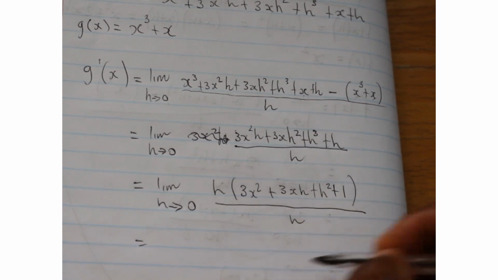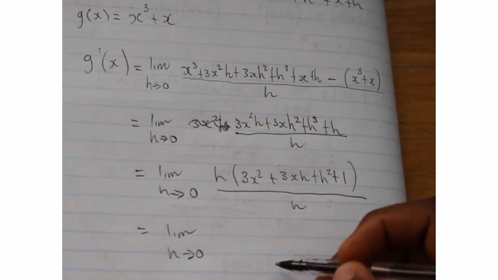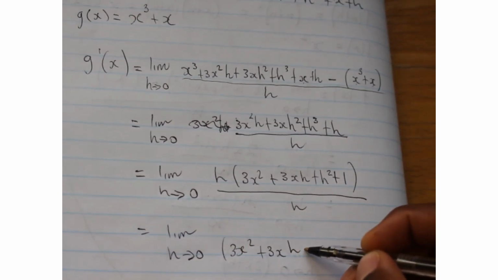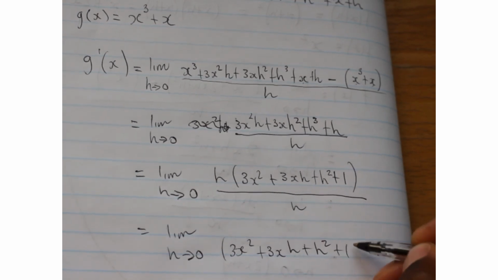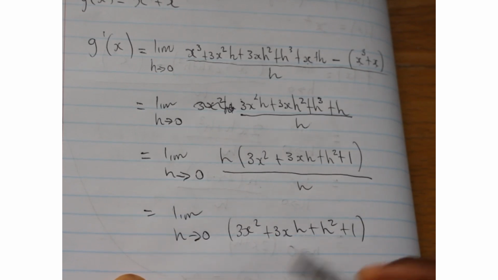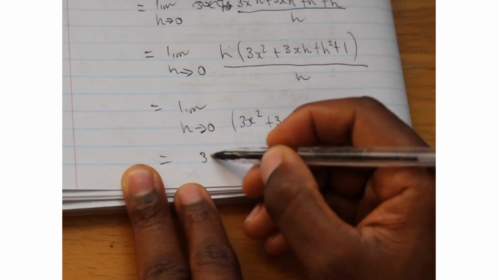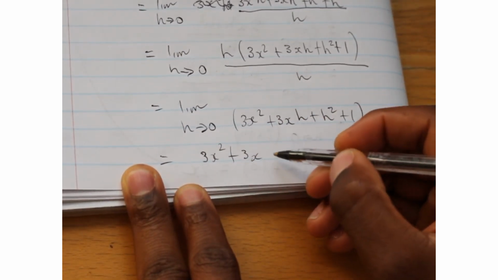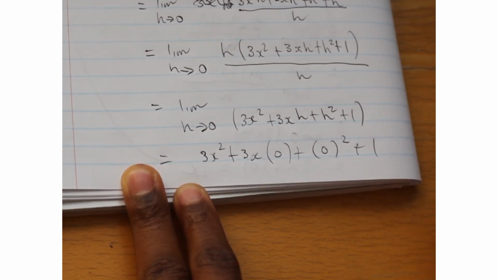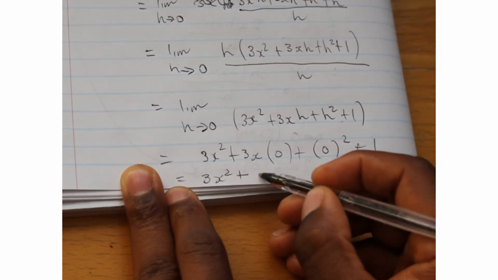So basically we're left with the limit when h approaches 0 of 3x squared plus 3xh plus h squared plus 1. So remember, this whole thing means that in place of h, you substitute 0. So we've got 3x squared plus 3x times 0 plus 0 squared plus 1. So our answer becomes 3x squared plus 1.